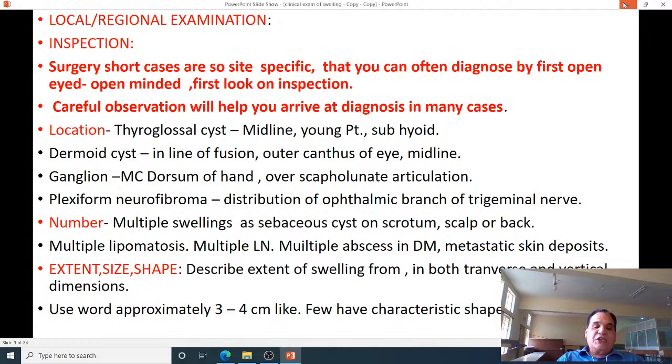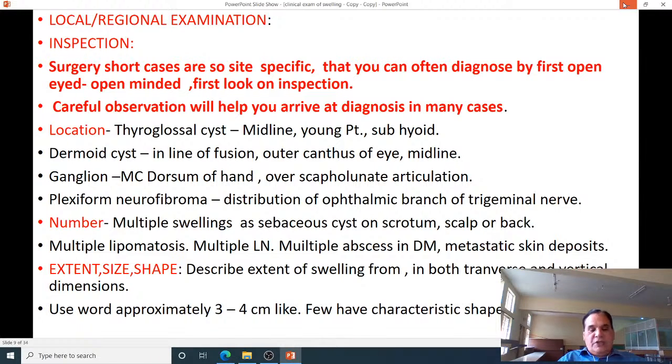Then comes extent, size and shape. As you are doing inspection, you have to be approximate. You cannot give exact size, but approximation should always be in the transverse and vertical direction, not in a single direction. Both directions you must think.